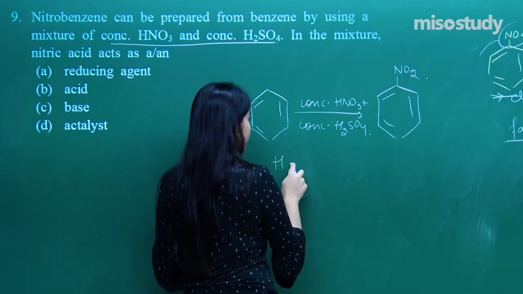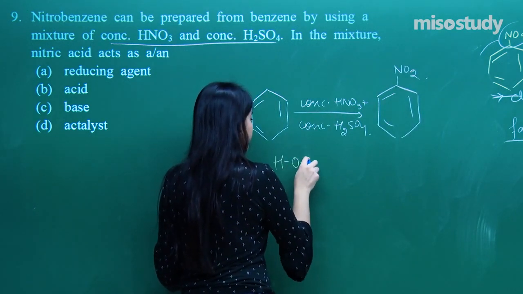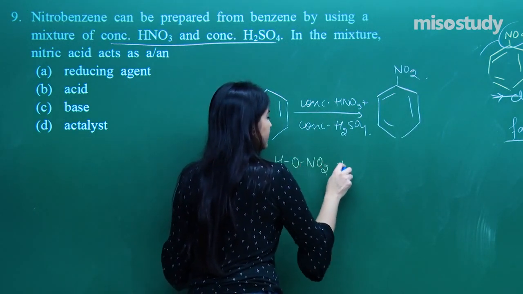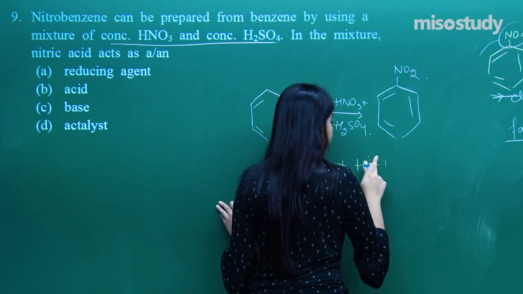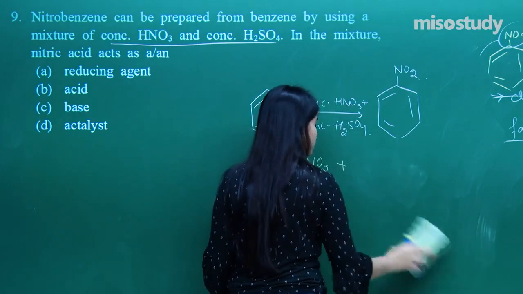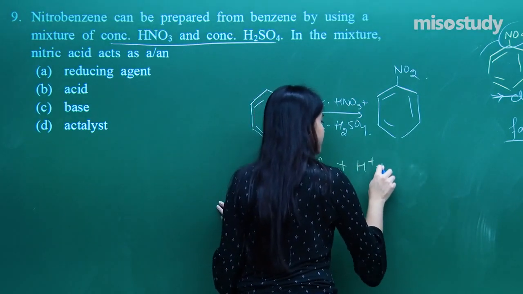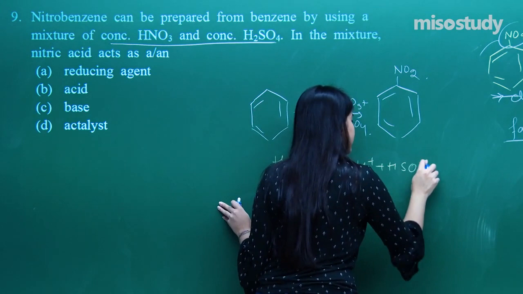So let us move on to the mechanism quickly. Here I have got HNO3 and H2SO4. H2SO4 breaks into H positive plus HSO4 negative.